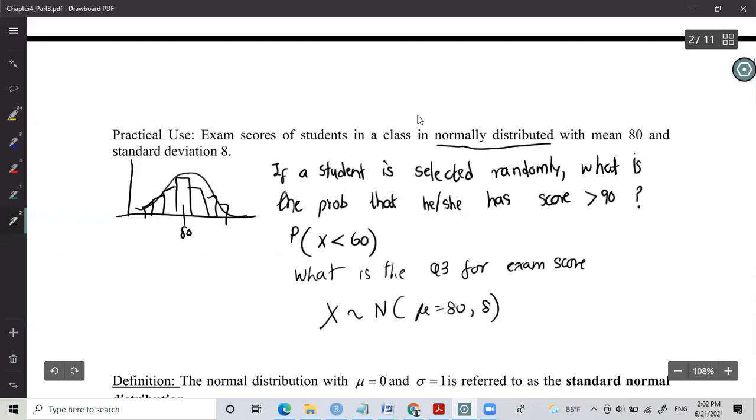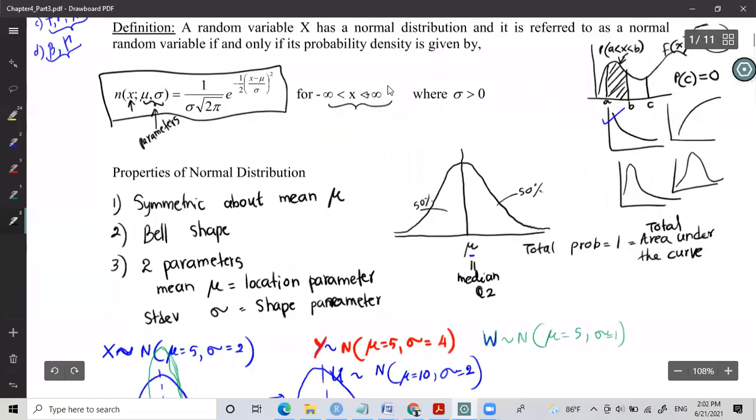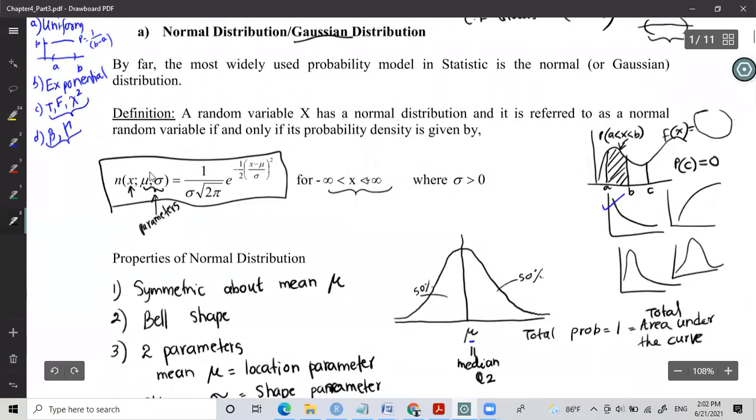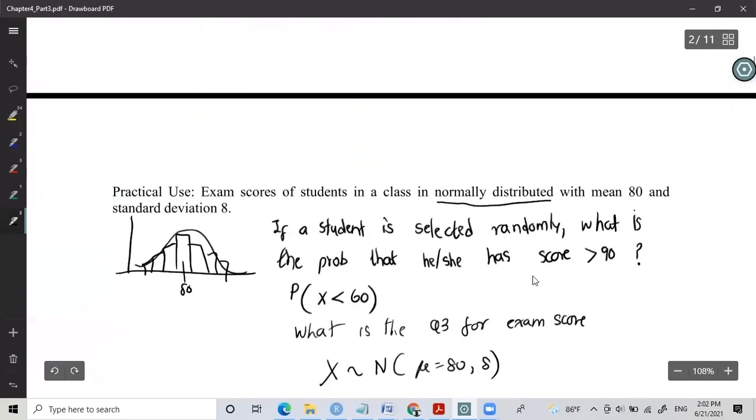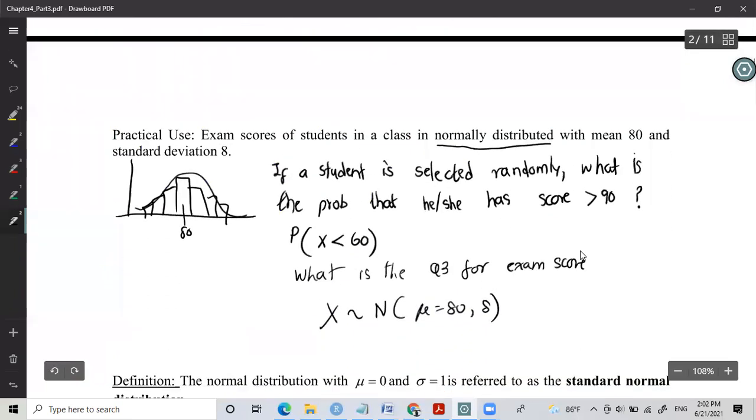Now, if you go back to the normal distribution function, the equation where I have the square. If you are going to find a probability like the exam score being greater than 90, and you use the usual method, you have to integrate this equation over the support of x.